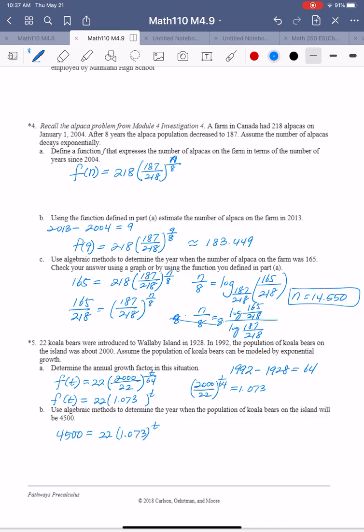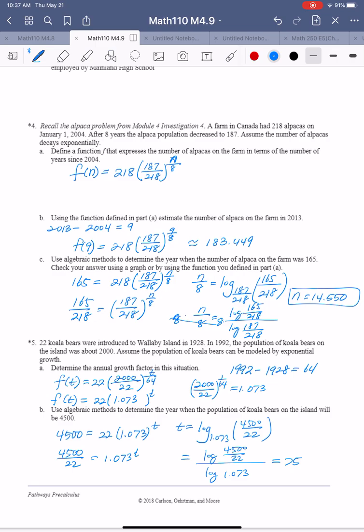Now we are solving for t, so 4,500 over 22 equals 1.073 to the t. So for t, take the log with base 1.073 of 4,500 over 22, and then split it: log of 4,500 over 22 divided by log of 1.073 base 10, and it's about 75 years, okay?